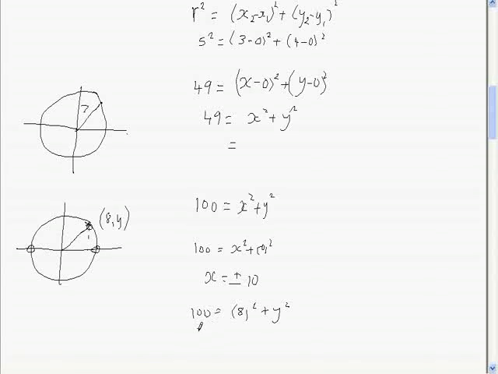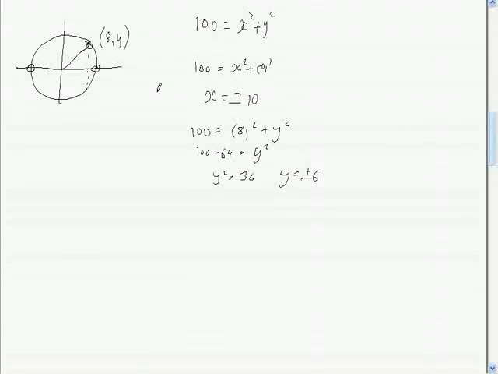So 100 minus 64, which is 8 squared, and y squared is therefore equal to 36. So y is equal to plus or minus 6, because when x is 8, there are 2 points on the graph. One is positive 6 and the other is negative 6. So that's how you manipulate the circle equations.